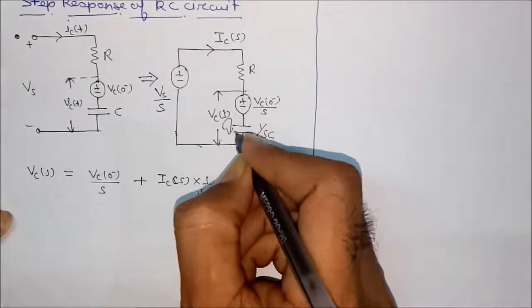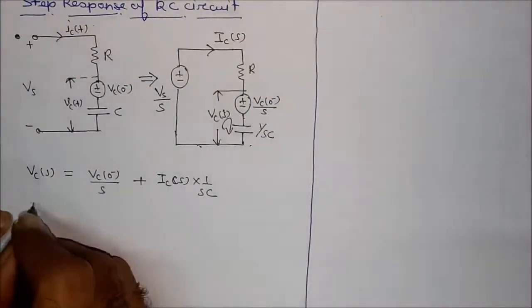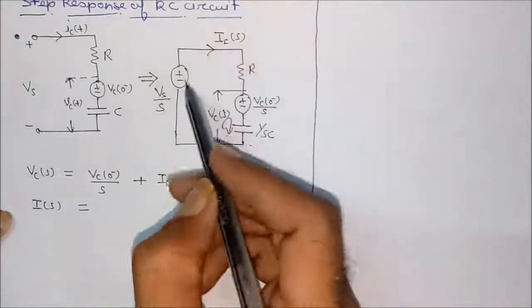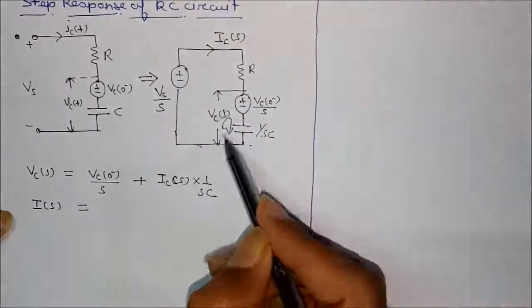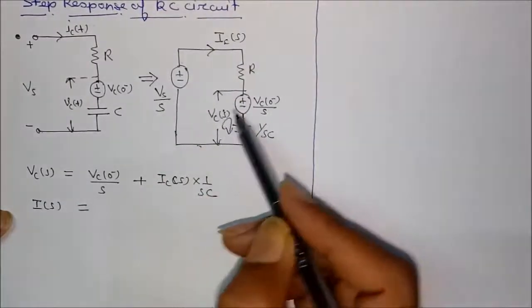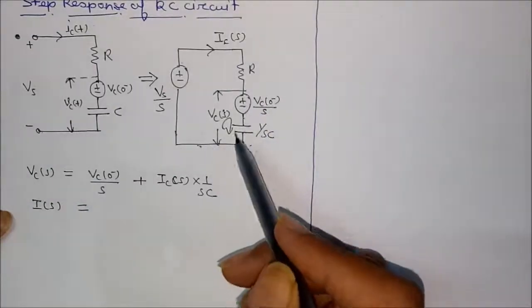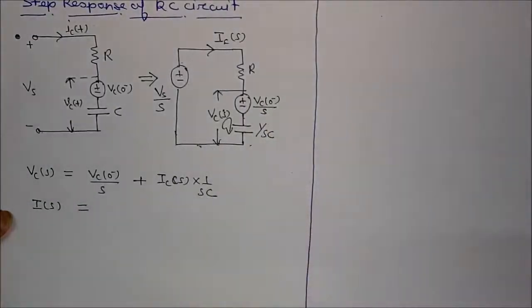This loop. Is it okay? Now Ic(s) can be written as this voltage minus this voltage divided by this and this one. Is it okay?